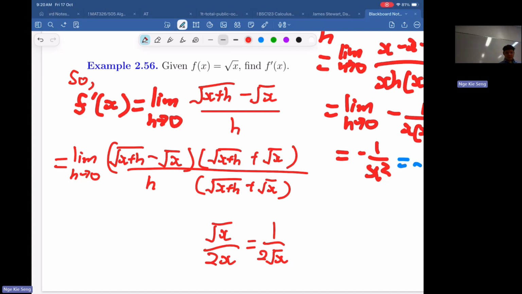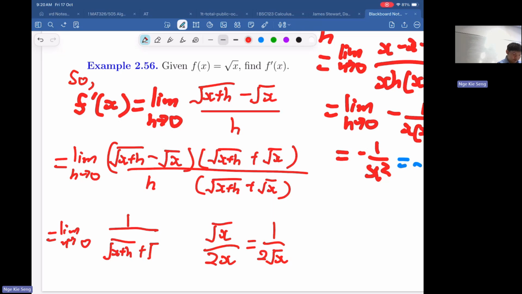And then you can simplify it. I think the simplified form was 1 over square root of x plus h plus square root of x.